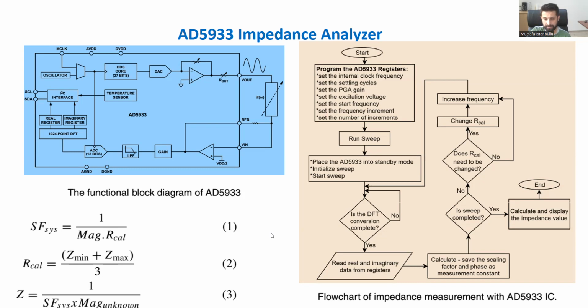Thus, a calibration step must be performed before each measurement to acquire the gain factor. The gain factor is used to determine the unknown impedance. The value of the calibration resistor depends on the expected range of the unknown impedance. Theoretically, the closer calibration resistor to test material impedance, the more accurate measurement provided.